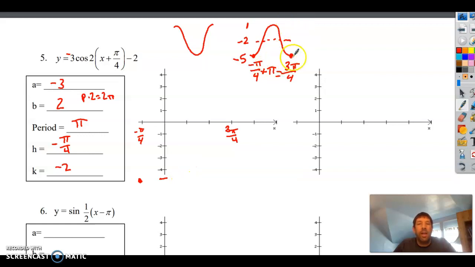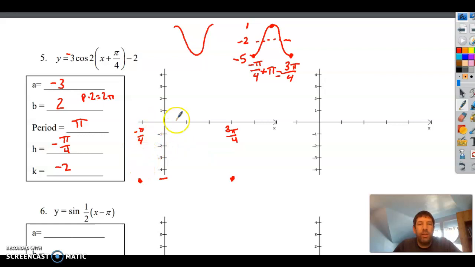I'm also going to end at the same height, and we determined that that would be at 3 pi over 4. So I'm going to end out here at 3 pi over 4, also at negative 5. Halfway between those, we get the third point, which is the highest point on a cosine graph, in this case because it's upside down. That highest point is at 1.